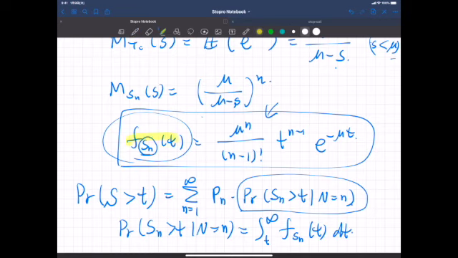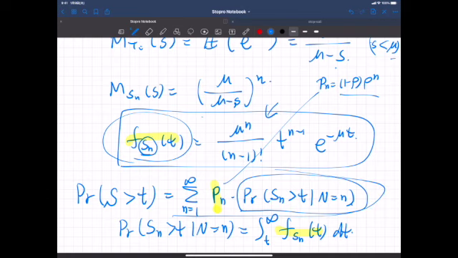Okay, this density function. And we know what Pn is from the previous result: Pn here is 1 minus rho times rho to the power of n. So if we put all of these together in this equation, oh, by the way, this equation is an application of the partition theorem.